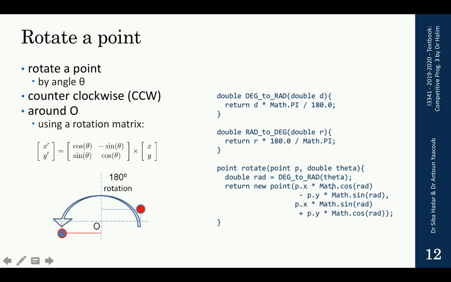This is x times cosine radian minus y times sine radian. And for y prime I have x times sine radian plus y times cosine radian. And here I have my new point that I will return.